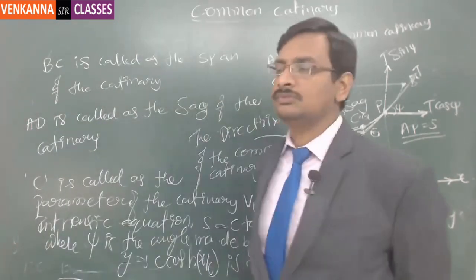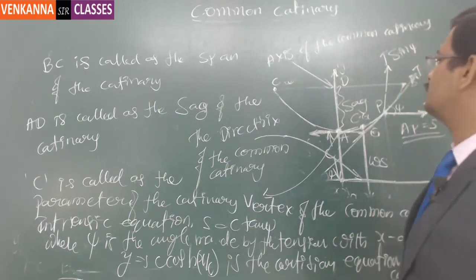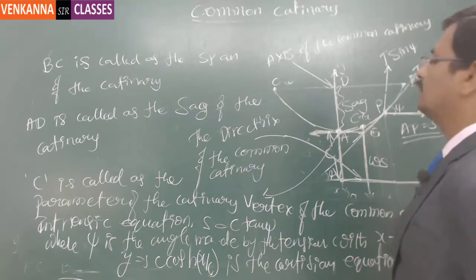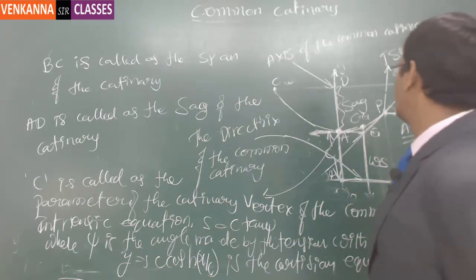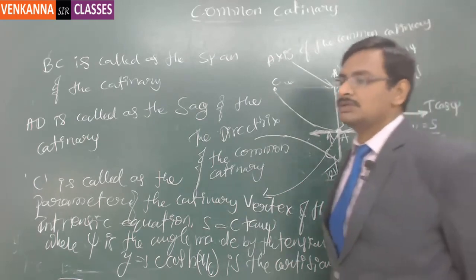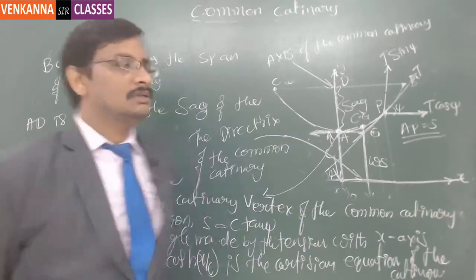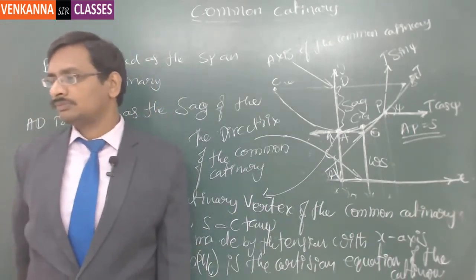Then we have other aspects, which I am going to discuss in the next class, that is the different relations that are going to be established between the tension, the parameter, s which is the length, and the x and y values. There are different kinds of relations, which will take one complete class, so I will discuss that tomorrow.